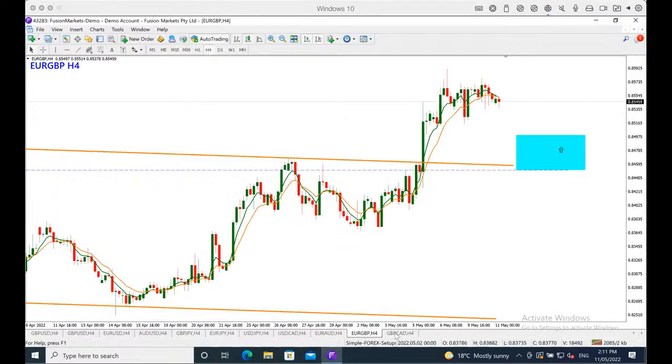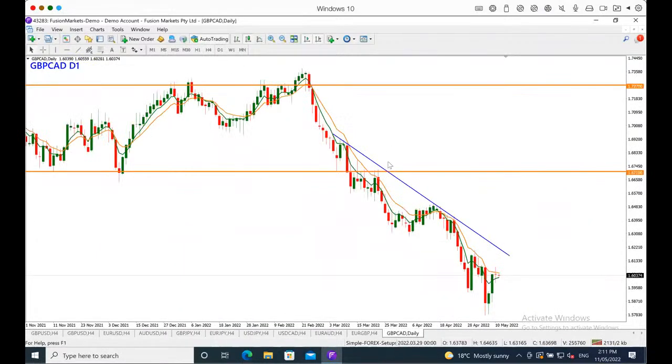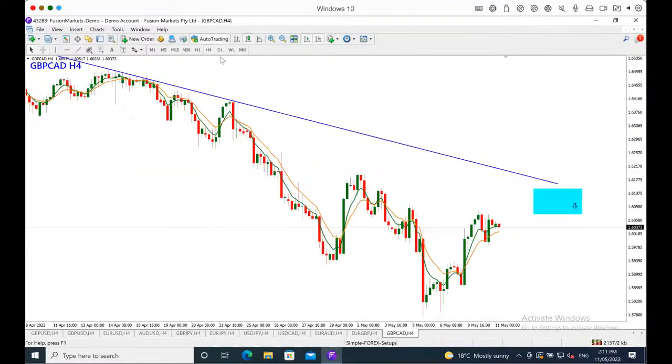And the last currency pair I'm looking at is GBPCAD, and GBPCAD I'm looking for short. So we are still in a downtrend there. So on the 4-hourly, I'm looking for any price action that is either going to come up to the trend line and then reverse, looking for short.